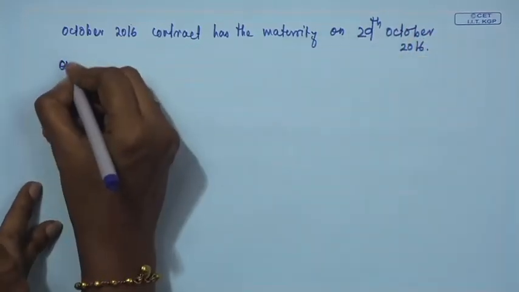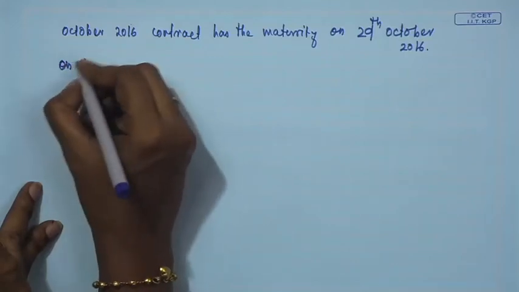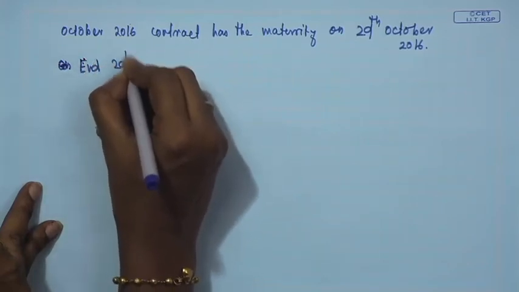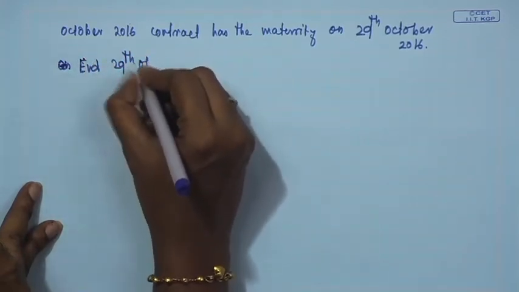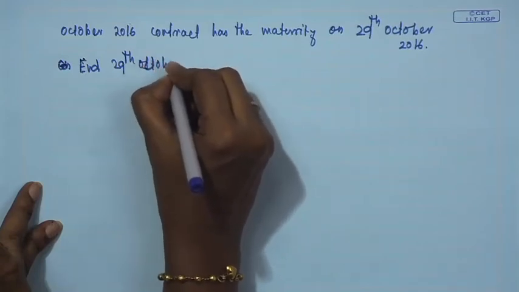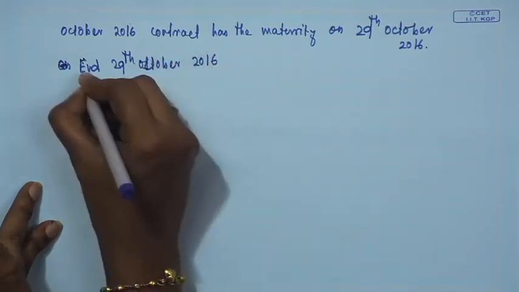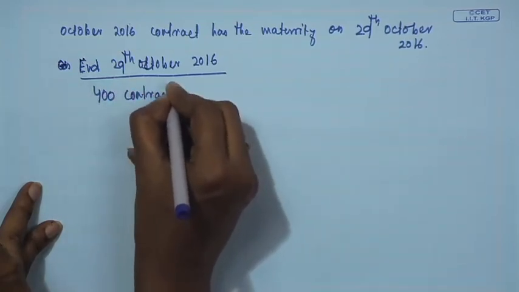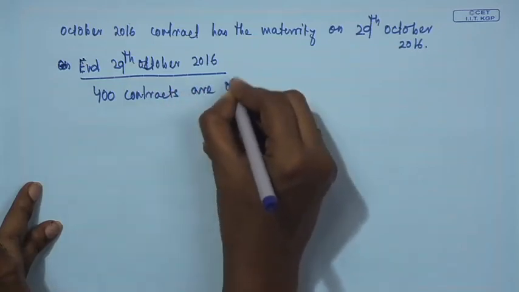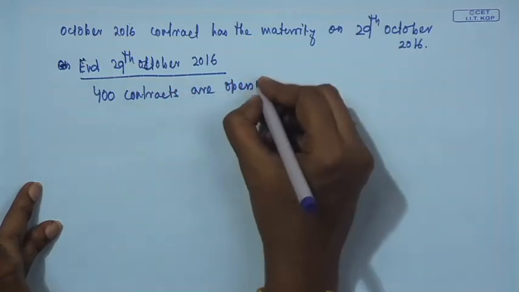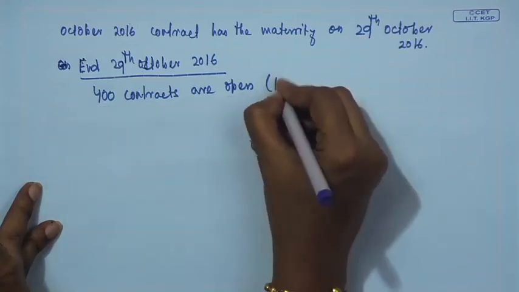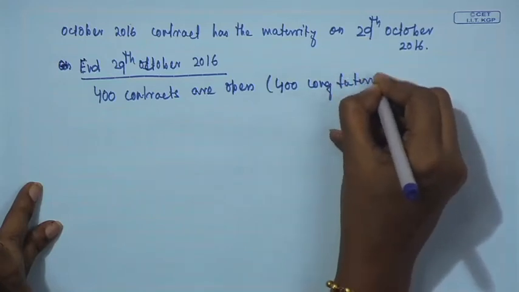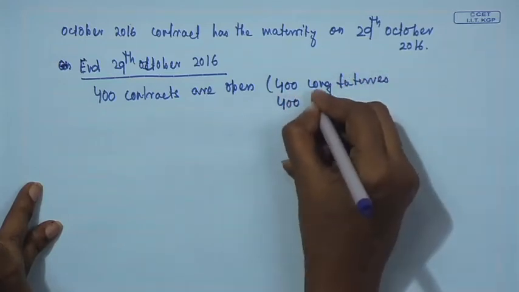Let's say by end of 29th October 2016, some 400 contracts are open. So that means 400 long positions, 400 long futures as well as 400 short futures are there.